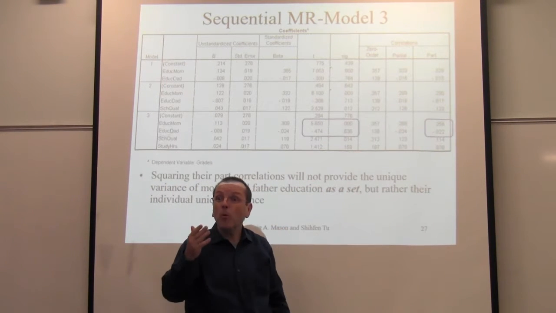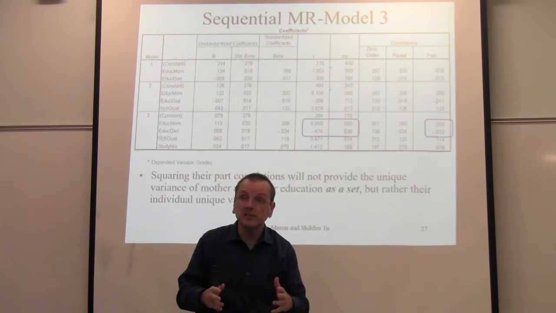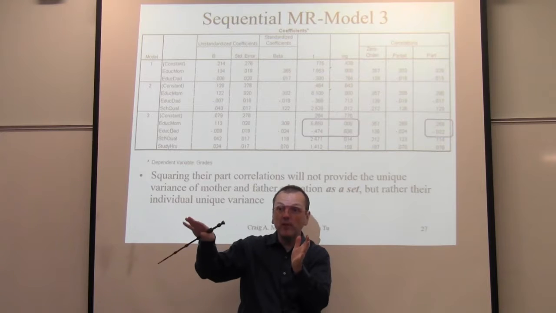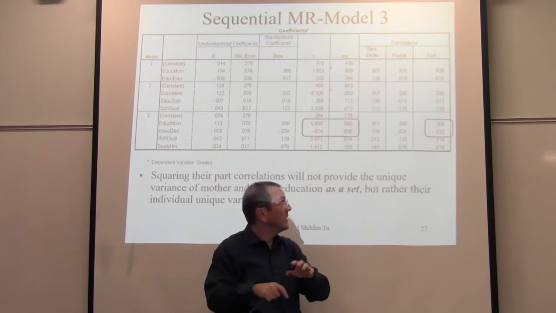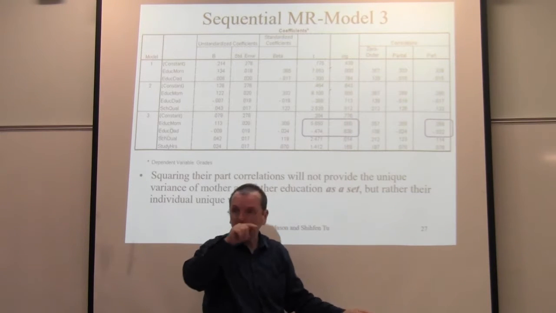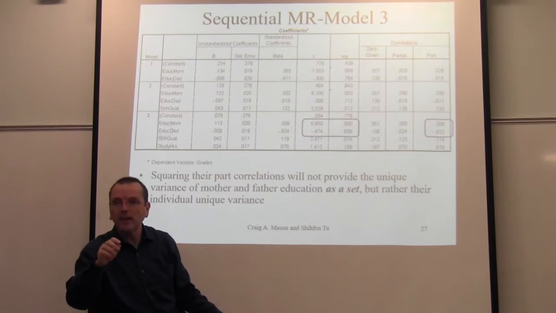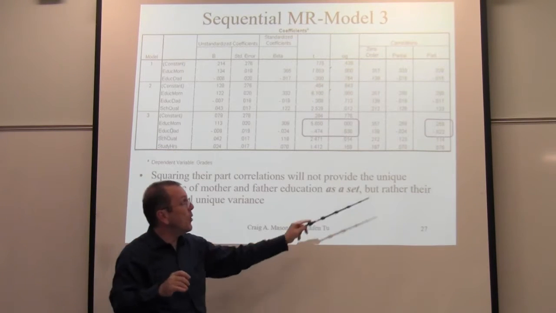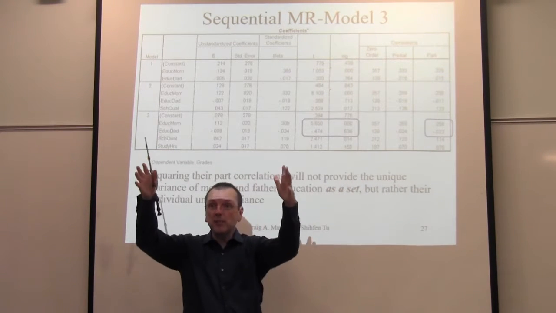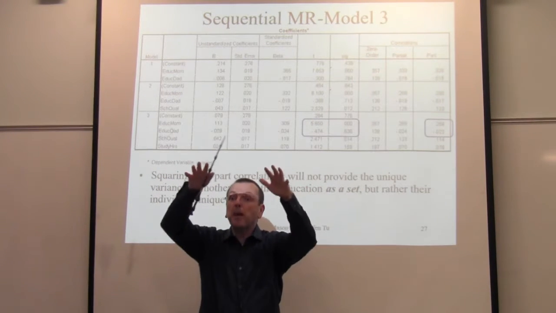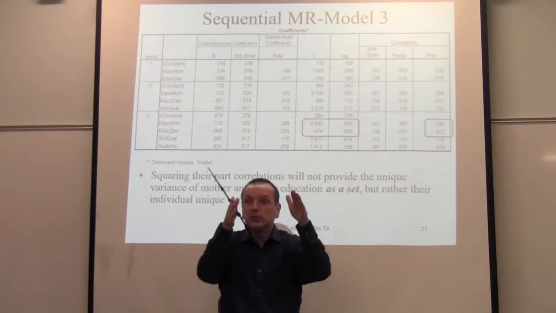So about 6.7% of the variance in grades is related just to mom, controlling for everything else. Dad's is negative 0.022 squared is 0.0005, very small. And the total of them combined was 13.5%. So about half of the parent education effect is uniquely mom.